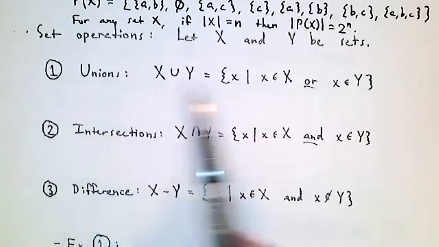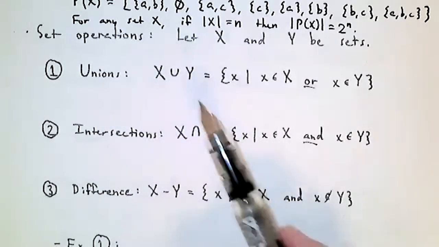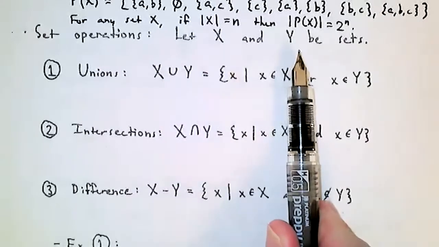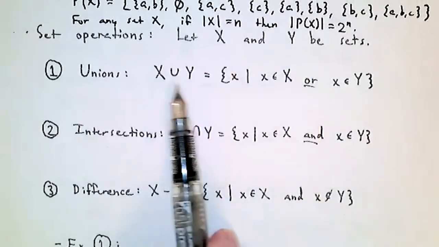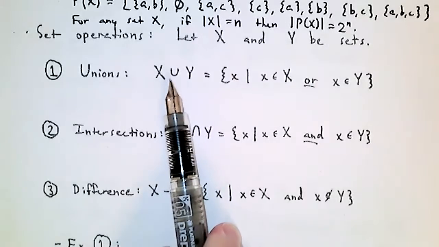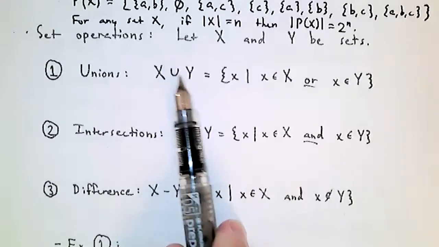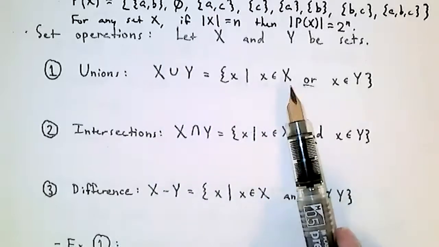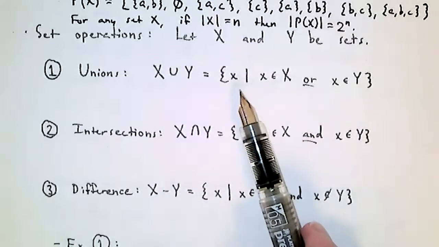Okay. So here is the basic definition for a union. If we have two sets, X and Y, then the union of the two sets is represented by this symbol. So you put a U symbol in between the two sets. And if we use set builder notation, it would look something like this.